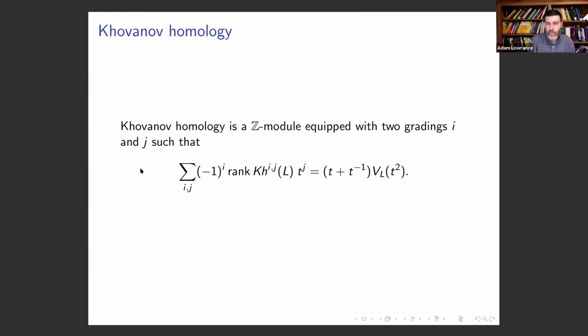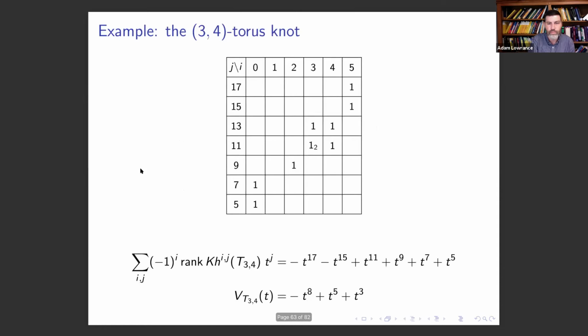So just to remind ourselves, we're going to be talking about Khovanov homology. So for me, i is always going to be the homological grading. j is going to be the polynomial or the quantum grading. Here's the same picture that we had before, and you can sort of recover the Jones polynomial. It's not quite the same thing.